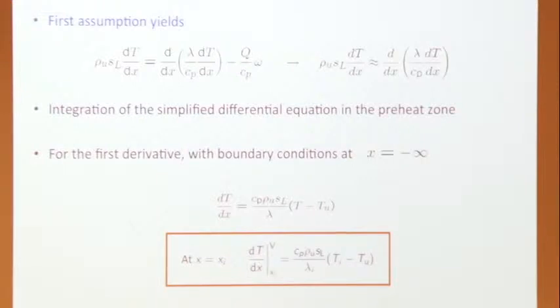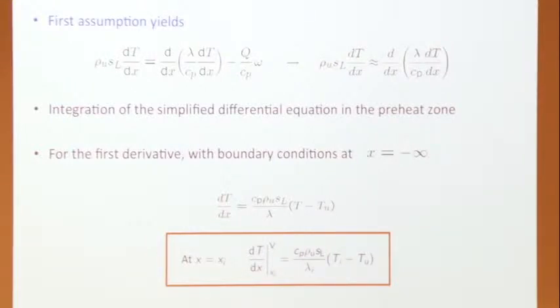That's interesting because, written again here, at x equal to xi, where at Ti, this is the condition for the gradient. Now, this is interesting.